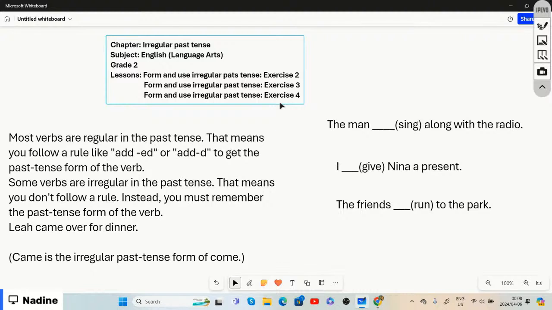So with the irregular past tense, you're just going to have to remember the past tense form of the verb.